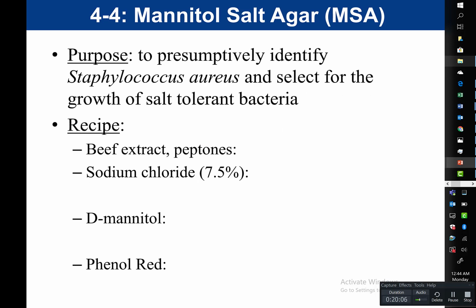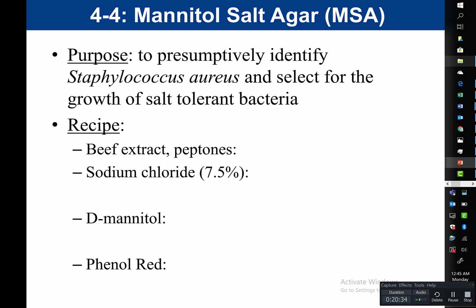So now let's get into how do we identify if the bacteria we're looking at is Staph aureus. So our assay for this is going to be our mannitol salt agar, which we call MSA. And the purpose of the MSA is to presumptively identify Staphylococcus aureus and to select for the growth of salt-tolerant bacteria.